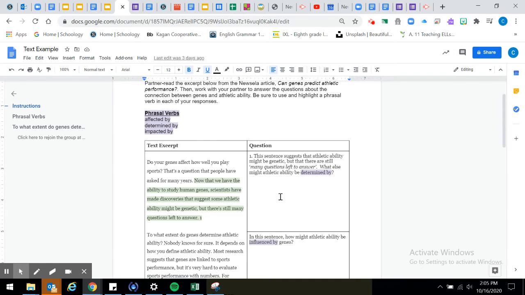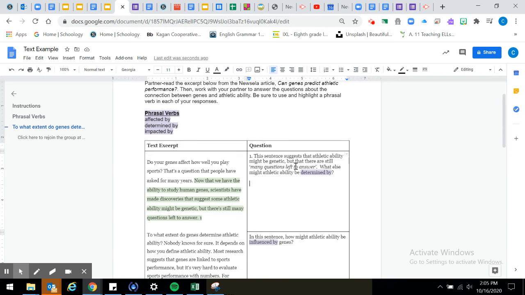Once I've read that paragraph, I'll pause with my group, and we see a question here. It says, this sentence suggests that athletic ability might be genetic, but that there are still many questions left to answer, which makes me think that it might not be all genetic. So the question is, what else might athletic ability be determined by?